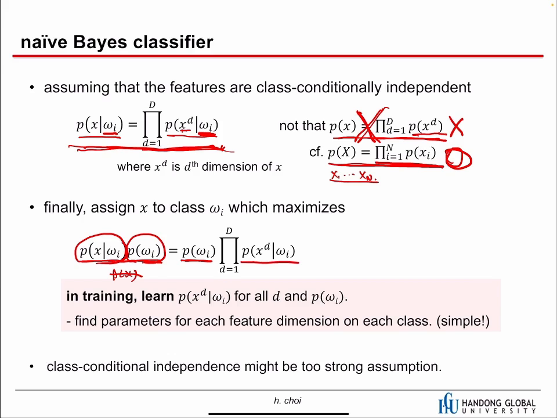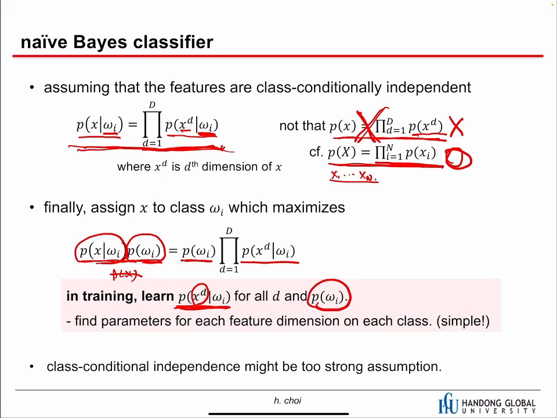Then in training, what should we do? We have to learn this probability distribution for all dimensions, and this one. And this one can be simple, just to count the number of samples in each class. That's simple. And what about this one? We are talking about just one scalar.